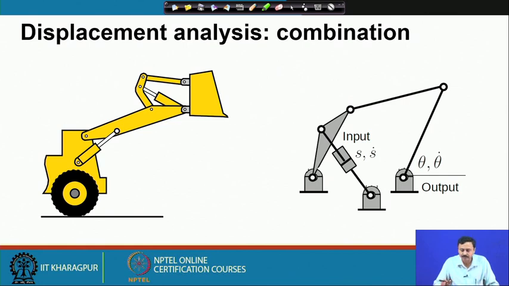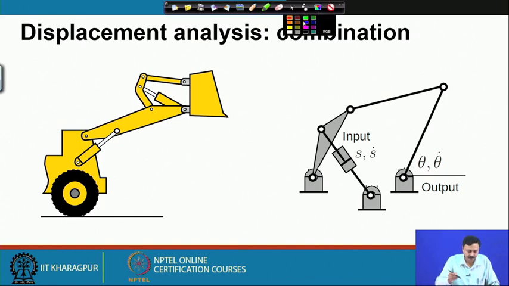The approaches that we have been discussing can be combined to find out the velocity relations for more complicated chains. Here I have this example of an excavator.